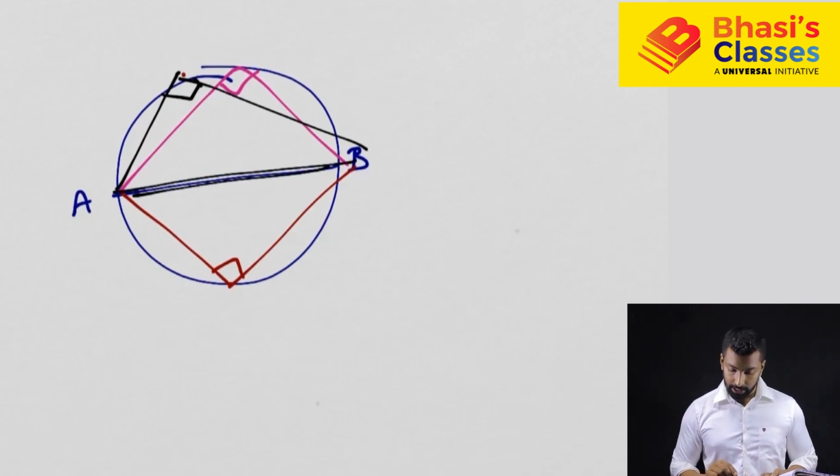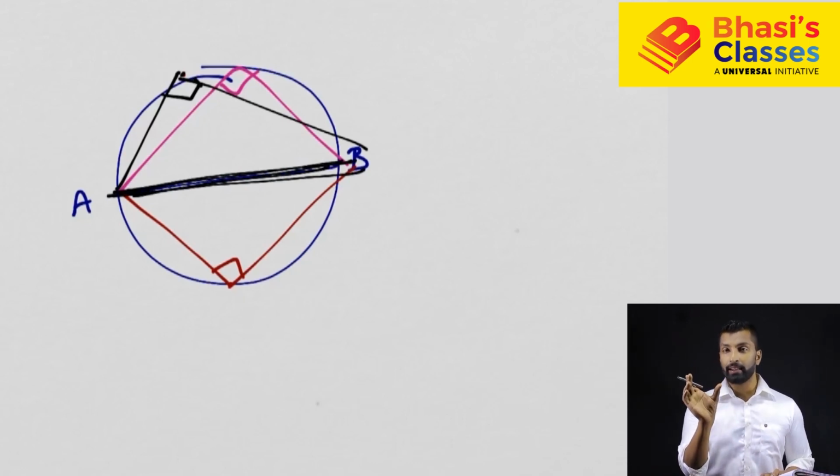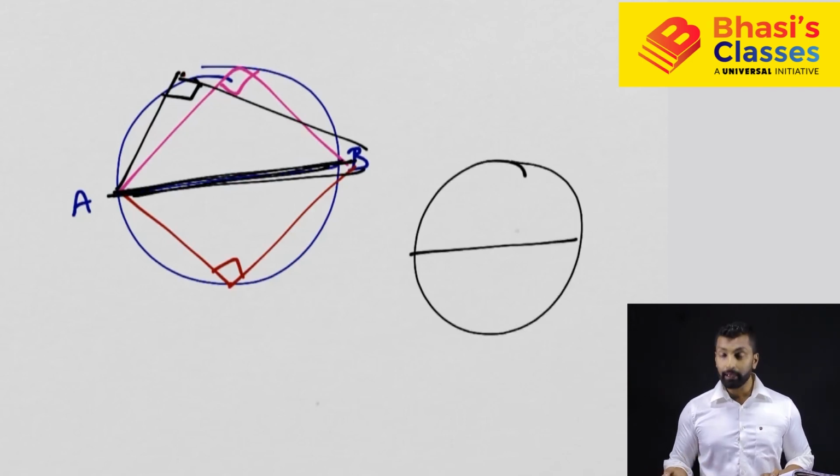The idea is that this has to be the diameter. So keeping the diameter on one side, if you join any point on the circle, you will get a right angle triangle.